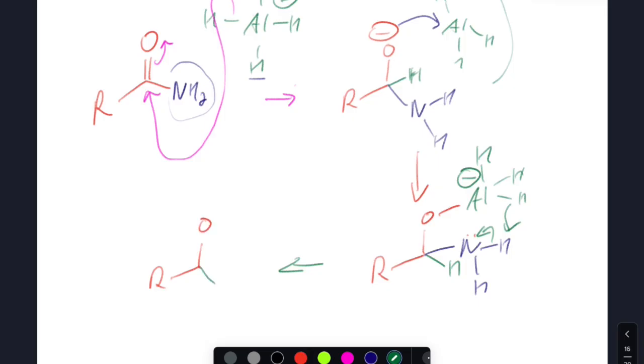We still have this hydrogen. The nitrogen now is negatively charged. What we've done is picked off that proton. We've made one equivalent of hydrogen gas by doing this, and we've got now aluminum as the tricoordinate species. So we've gone back to aluminum being a neutral species like this.